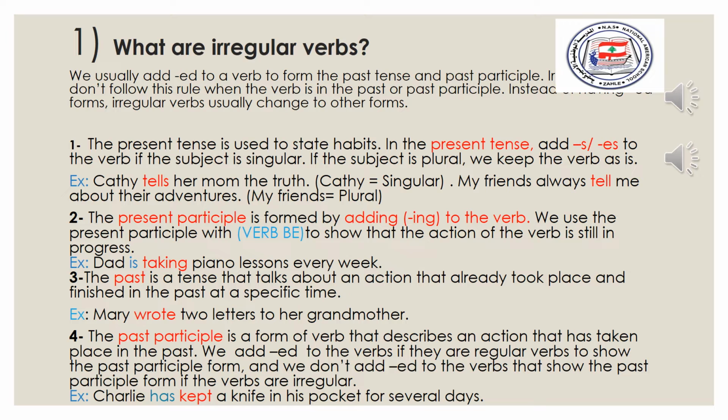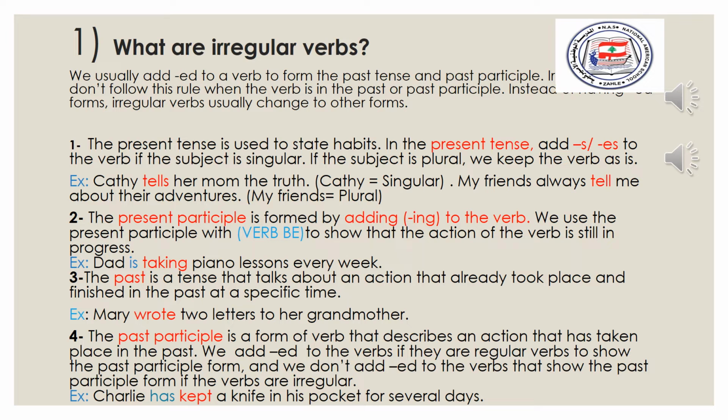4. The past participle is a form of a verb that describes an action that has taken place in the past. We add -ed to the verbs if they are regular verbs to show the past participle form, like the verb play, played, played. And we don't add -ed to the verbs that show the past participle form if the verbs are irregular, like write, wrote, written.